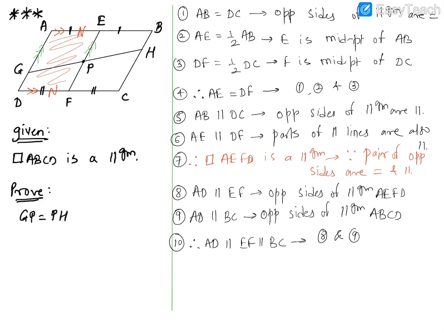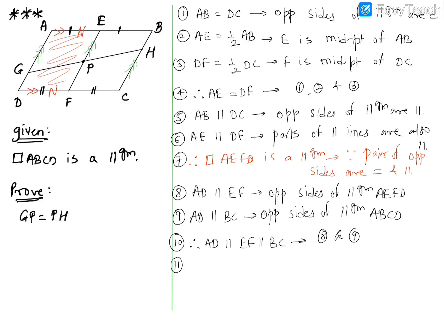Then next statement, number 11. Guys, now we have proved the three lines are parallel. So I'll just mark over here. Now you can see these three lines are parallel to each other. If you rotate this picture by 90 degrees, you will realize it is like an intercept theorem.